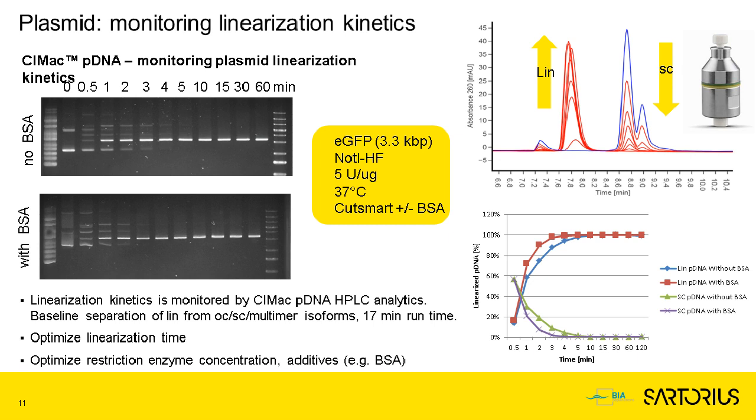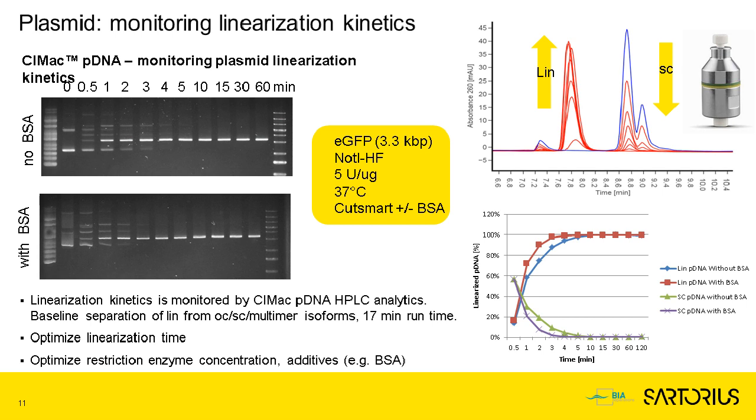The next step, and we're traveling now very quickly towards the IVT, is linearization. And I want to add that the same tools as we were seeing earlier on monitoring the purification of plasmid to obtain our supercoiled plasmid can be used also to monitor linearization.